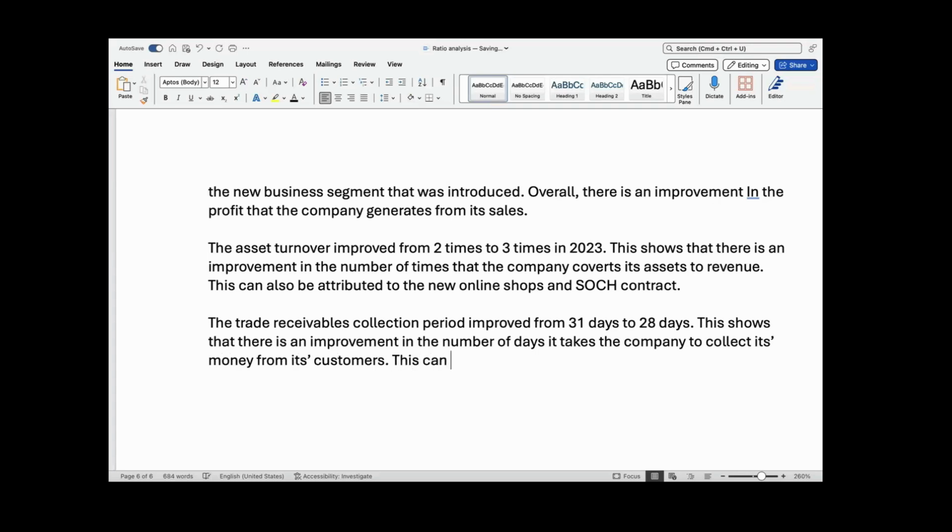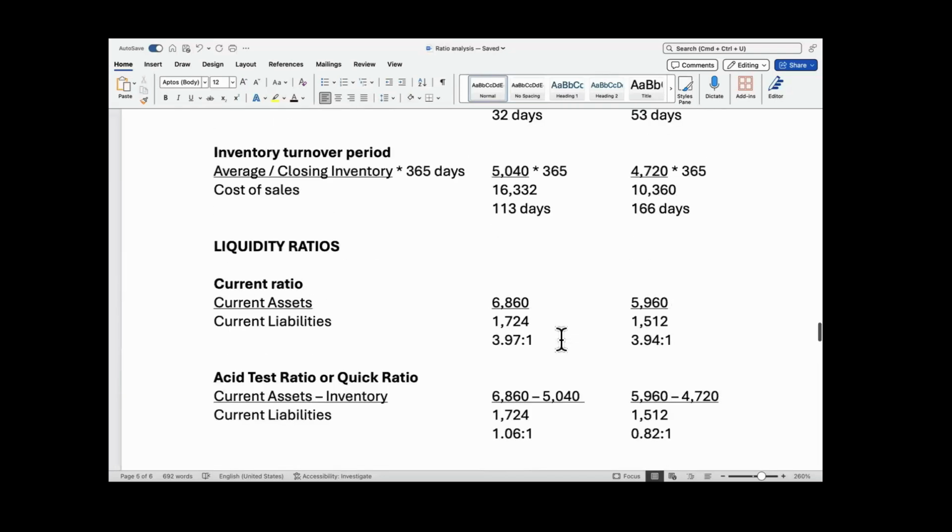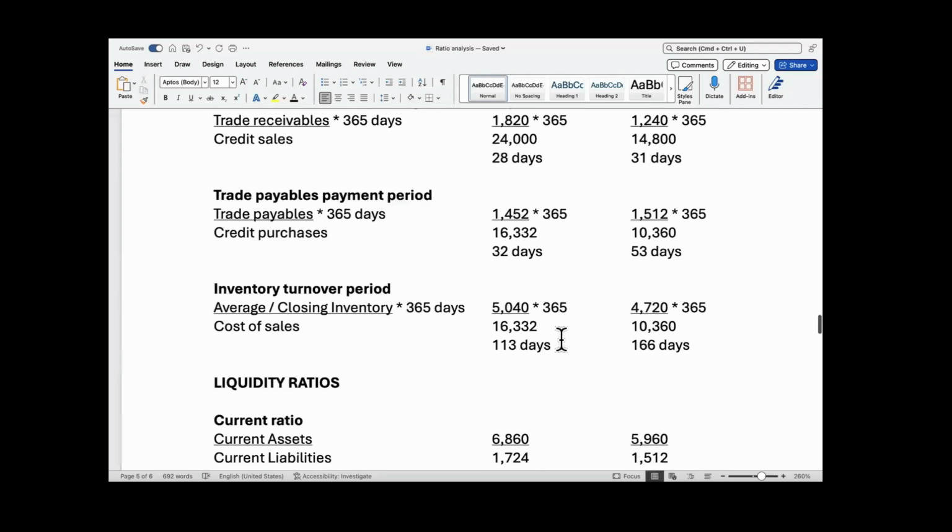This can be attributed to its urgent need for liquidity, because they need money and banks are not showing up. Banks are not giving them money. So they need to turn to their customers and collect their money as fast as possible.